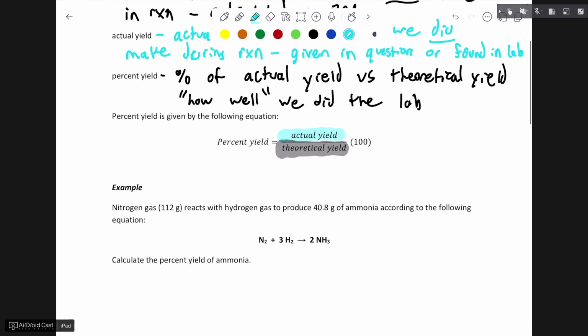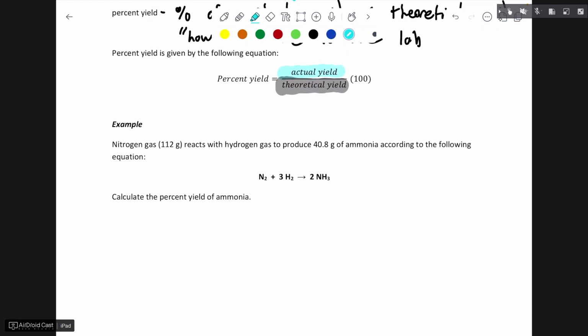So let's look at an example question. When we get to these example questions, remember our BCA table requires moles. And when we're reading this question, we need to try to determine what information we've been given and when we're going to need to use it. So what I see here, nitrogen gas has 112 grams, and it reacts with hydrogen gas to produce 40.8 grams of ammonia.